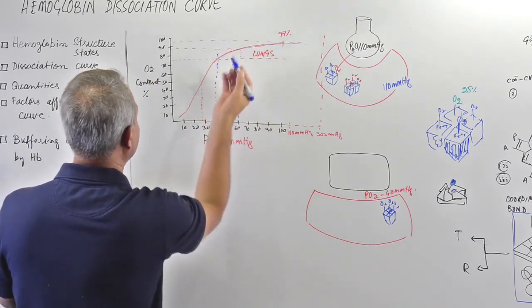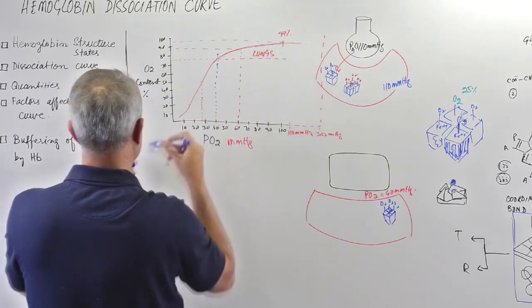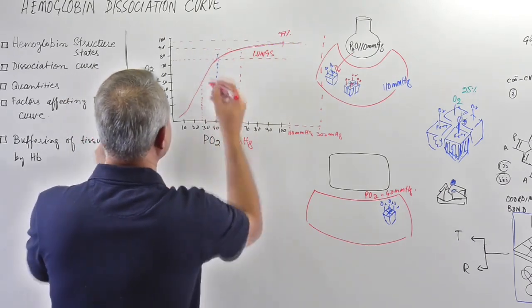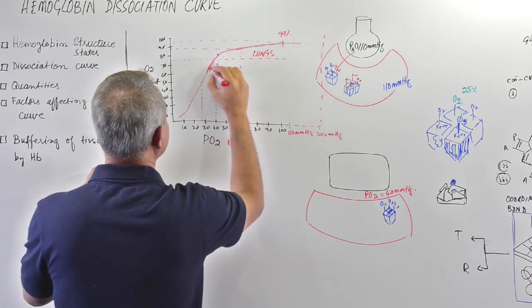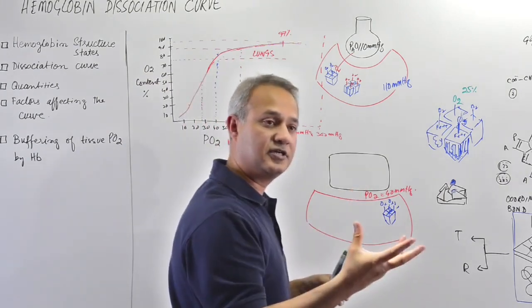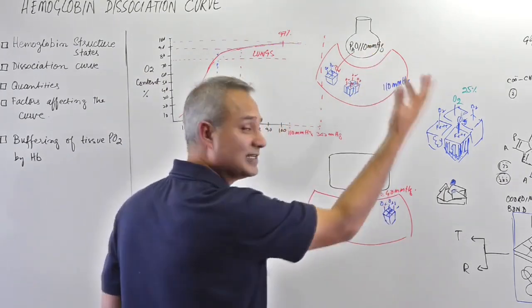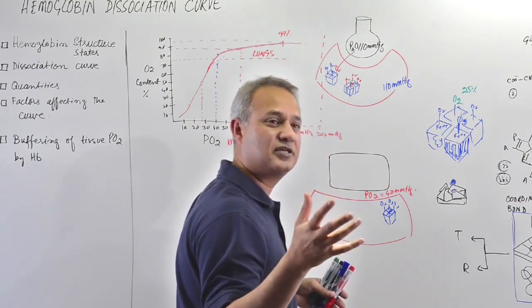So my graph, because I drew it by hand, about 86%, somewhere over here. It should be a little like this. So about 86%. So how much is dissociated? From 100%, 97%, 86, we came down to 86%. So 13-14%.